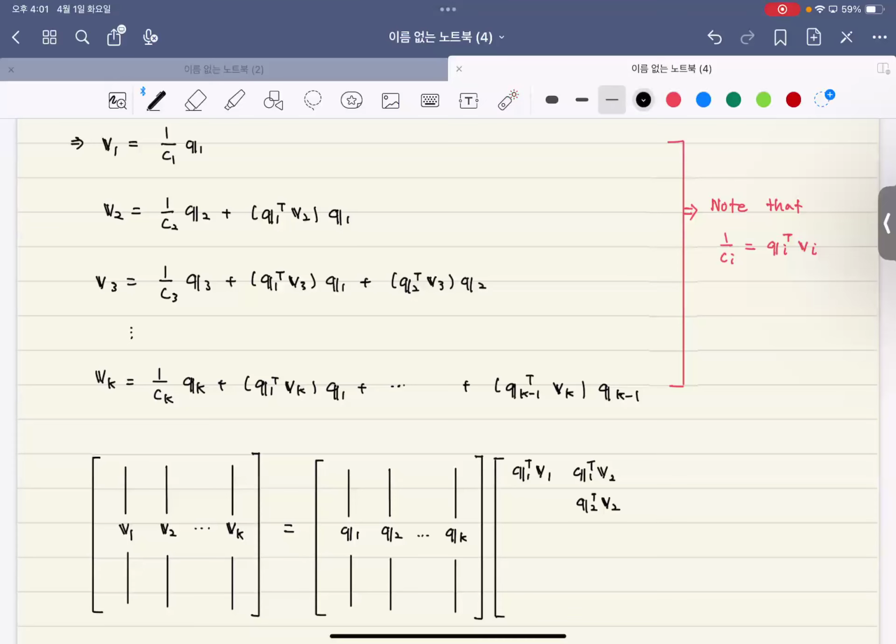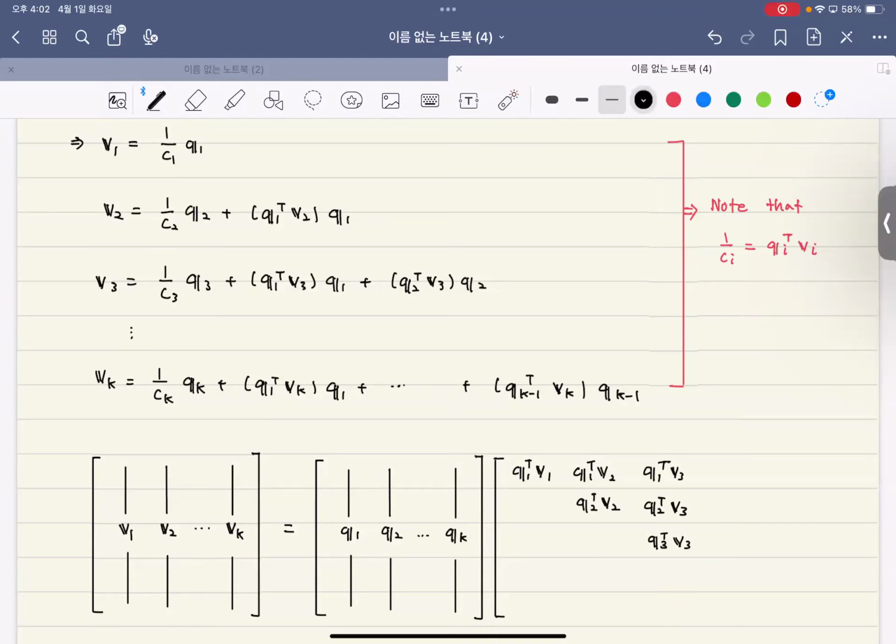Now I feel like I have to speed up a little bit. Q1 transpose V3, Q2 transpose V3, Q3 transpose V3, and 0, 0, 0 should give V3 over here.